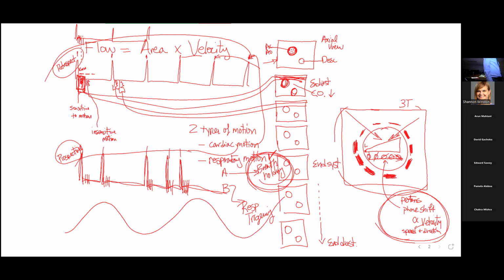And what you end up doing is, when the heart is at end inspiration or at end expiration, pick one of the two, that's going to be the period of time where you collect these images related to the organization around the QRS complex.